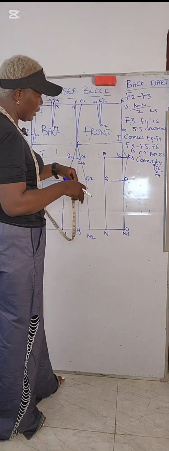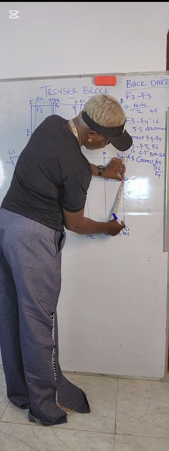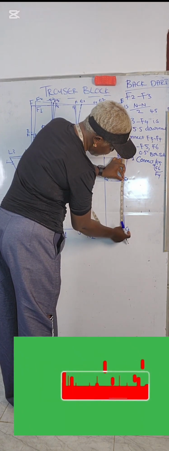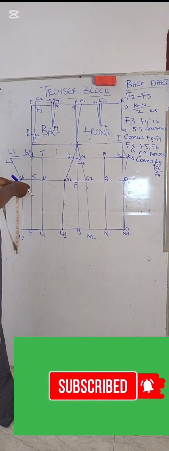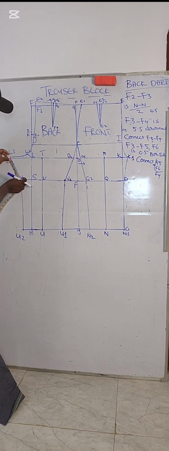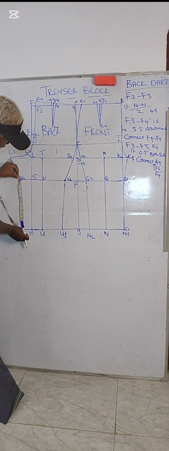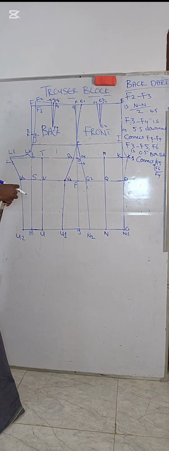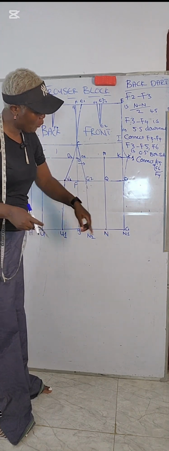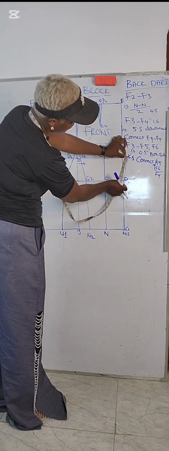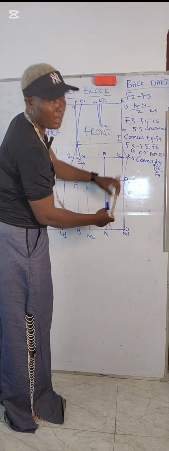Now I'm going to come here and measure this part and cross check. I'm going to measure both sides, F1 to N1, like this. Here is 17.